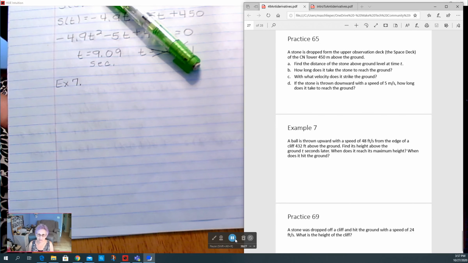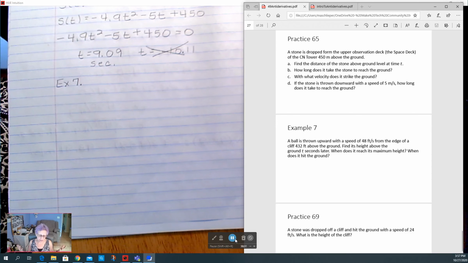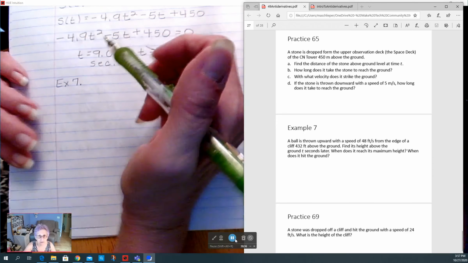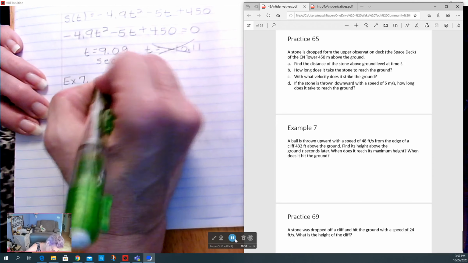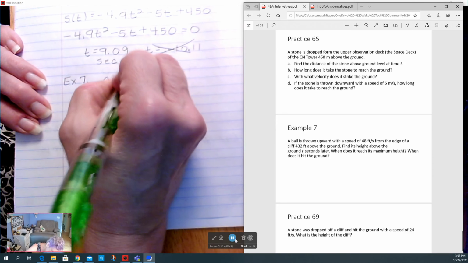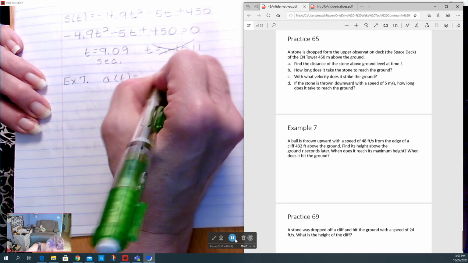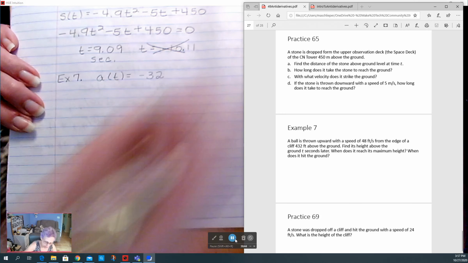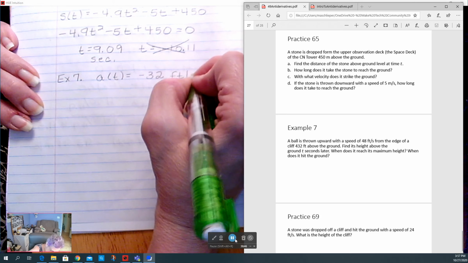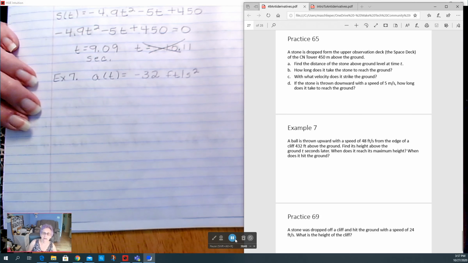I had to check and make sure what acceleration due to gravity was in feet per second. I have meters per second memorized. Feet per second, I wasn't sure, but I was right. It's negative 32 feet per second squared. So acceleration due to gravity is negative 32 feet per square second.